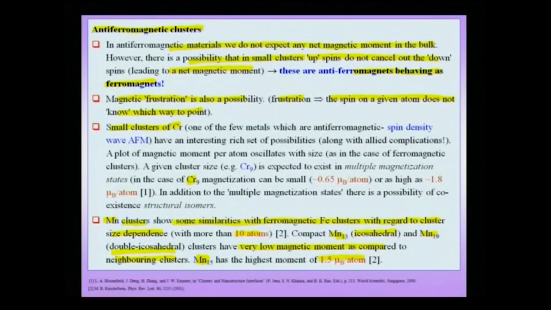The case of chromium is slightly more complicated, in fact, significantly more complicated, and the reason is that the antiferromagnetism in chromium is supposed to arise from what is known as a spin density wave. Often the phrase used is that it is an incommensurate spin density wave antiferromagnet.